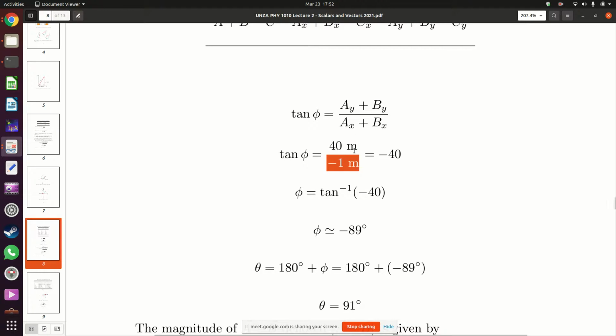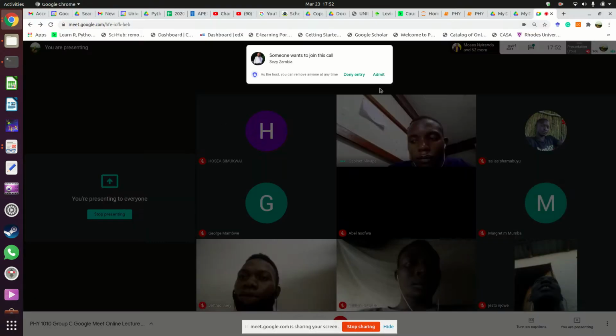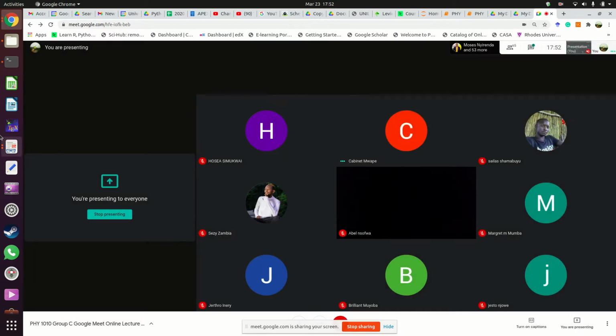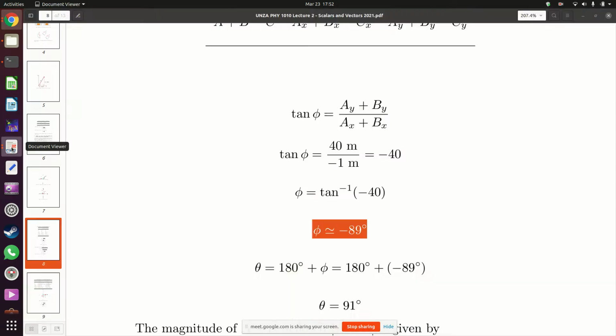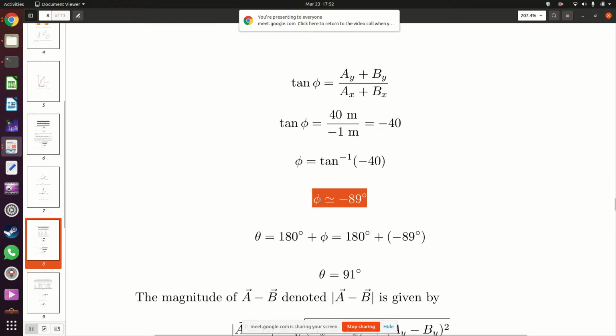The meters cancel out, we end up with minus 40. Then to get this phi angle, we take the inverse of the tangent. So phi is going to be the inverse tangent of minus 40. This gives you an angle equal to minus 89 degrees. Is this clear? So we get a phi which is equal to minus 89 degrees.